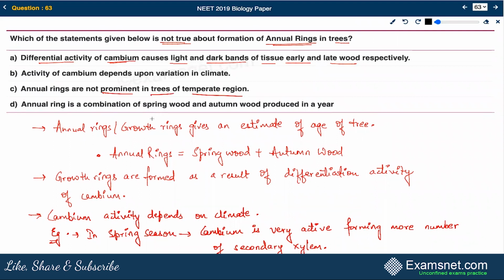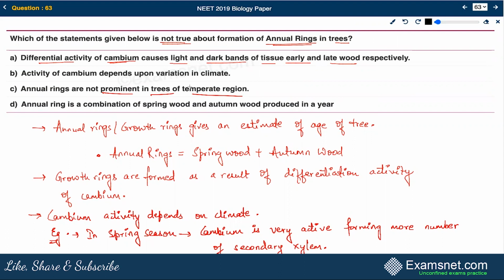Now this is actually considered an incorrect statement, because annual rings are formed in all types of trees, whether it's a temperate tree or a tropical tree, in all regions. It just depends upon the climatic condition.